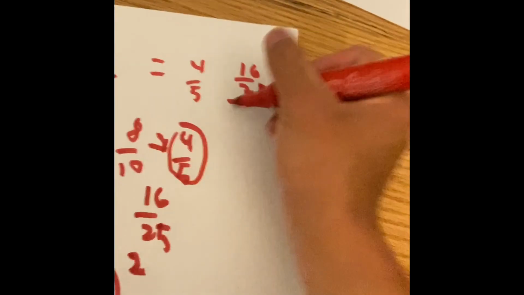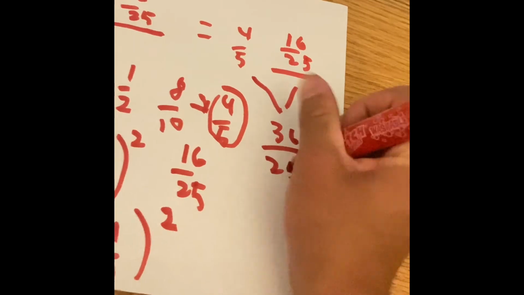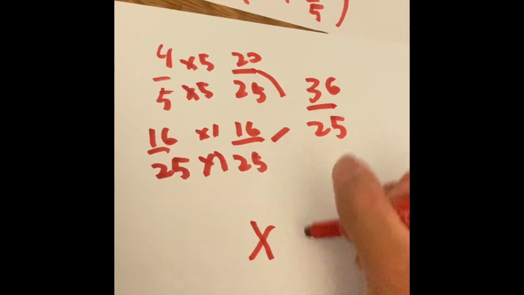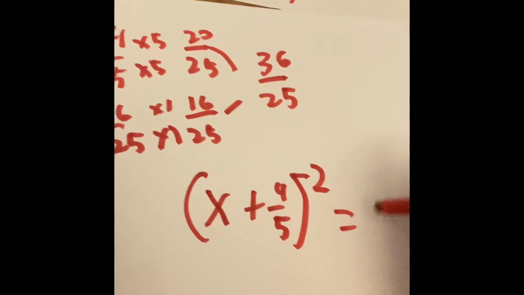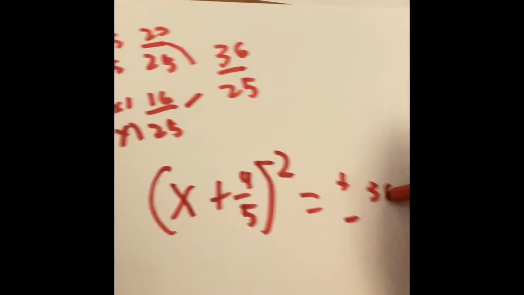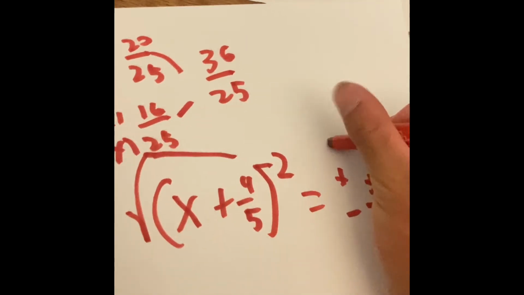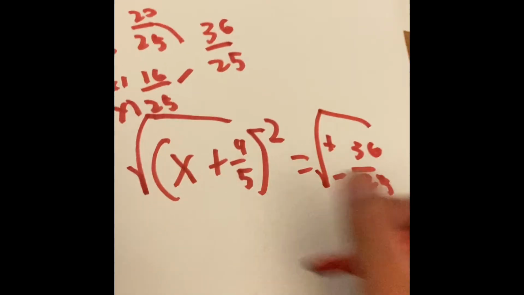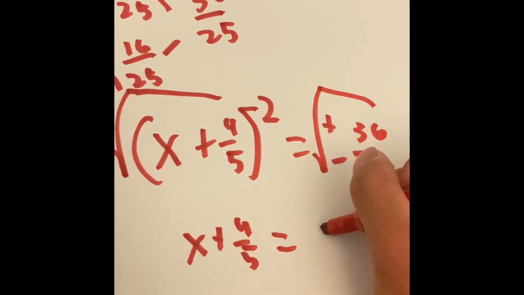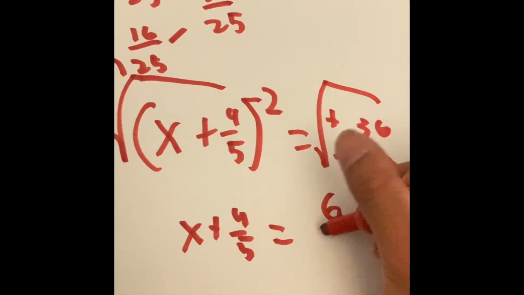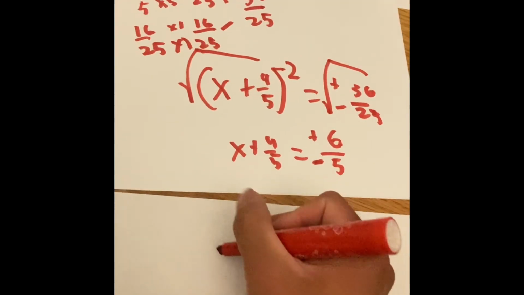Since that is these two combined, we get to write it in a new way. x plus 4 over 5 squared is going to equal 36 over 25. When we square root both sides as normal to cancel out the squares, we have x plus 4 over 5 equals plus or minus 6 over 5. Here is the last step.